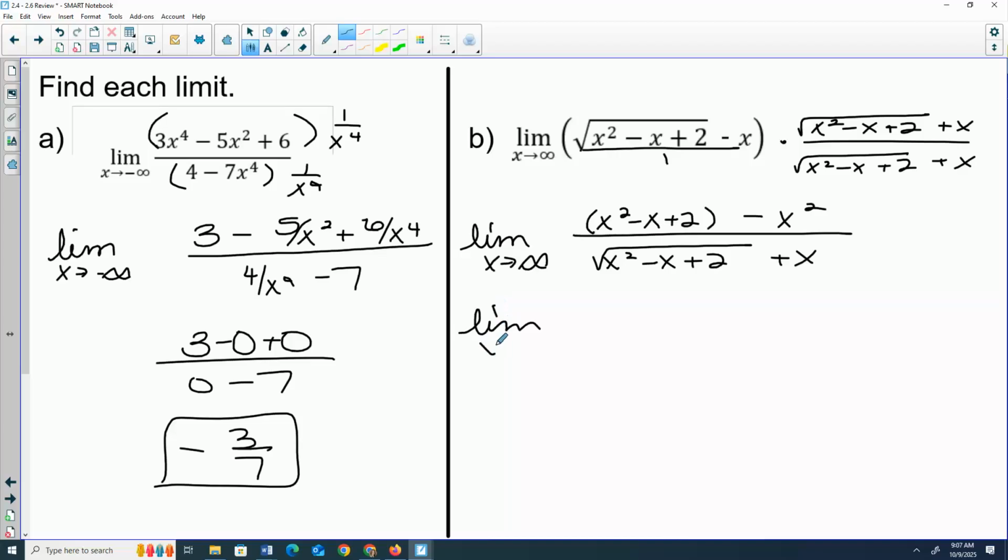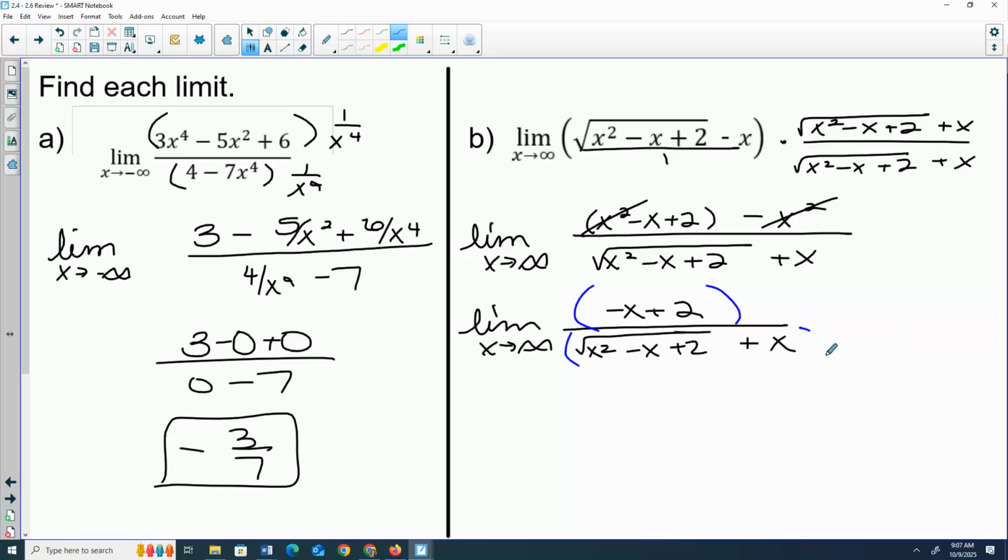Now what happens? X squared minus x plus 2 over x squared minus x plus 2 plus x. Now it's a fraction, so now what's our strategy? I'm taking times 1 over x. I know for the radical purposes, 1 over x is the same thing as the square root of 1 over x squared. So to take it in the radical would be an x squared.